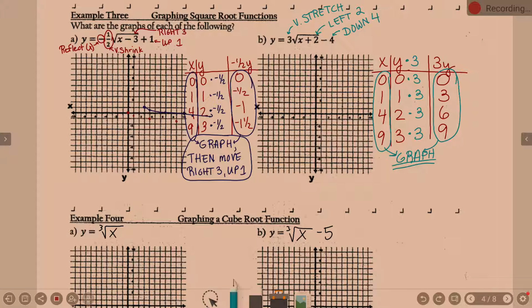And then after I graph them, what's the other part I'm still going to have to do? We're still going to have to move our points left 2, down 4. So I'm going to write graph here, and then I'm going to say, then move left 2, down 4.